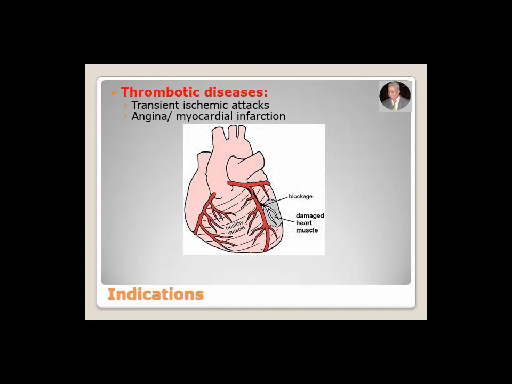Similarly, in angina pectoris, lifelong low-dose aspirin decreases the risk of its progression into myocardial infarction. Even in presence of myocardial infarction, low-dose aspirin is used to prevent a second infarction.